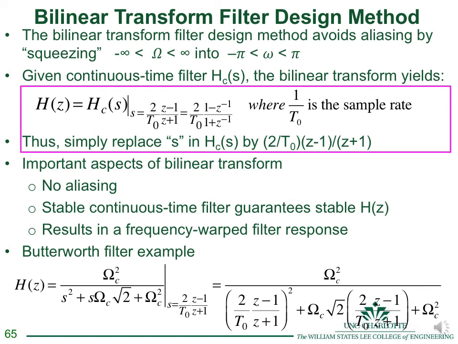One of the easiest or most straightforward ways is called the bilinear transform. And in short, it squeezes the continuous time frequency filter response, which goes from minus infinity to infinity, into the range of minus pi to pi, because those are the highest digital frequencies.